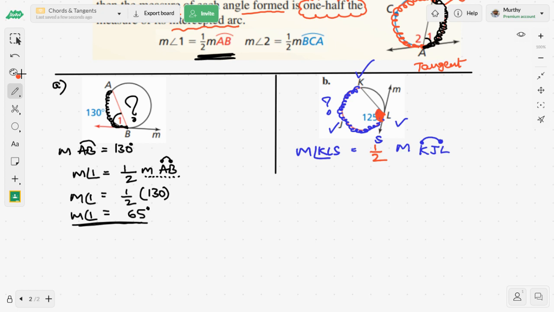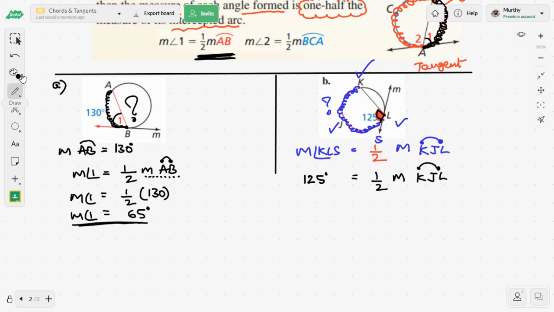Measure of angle equals half of the measure of the arc. Now let me plug in these values. Half of measure of KJL equals measure of KLS, which means the value of the angle is given, you can see that it is 125 degrees.